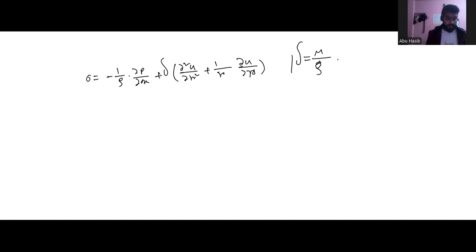Then del p by del x is equal to mu times del squared u divided by del r squared plus 1 by r into del u by del r.